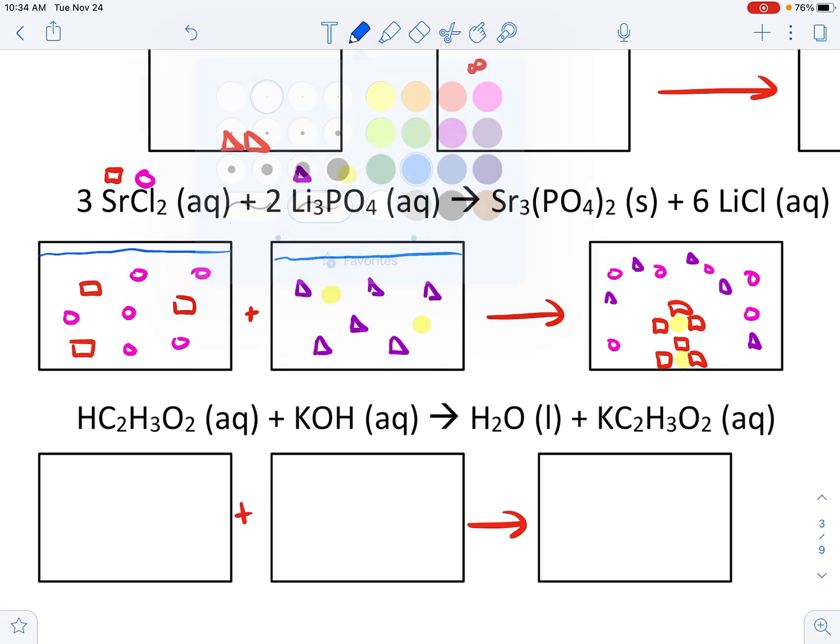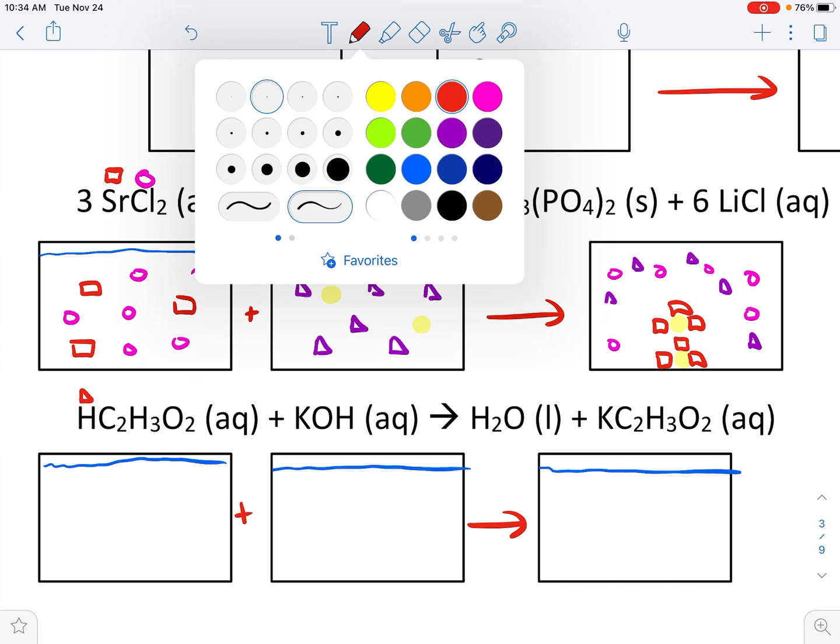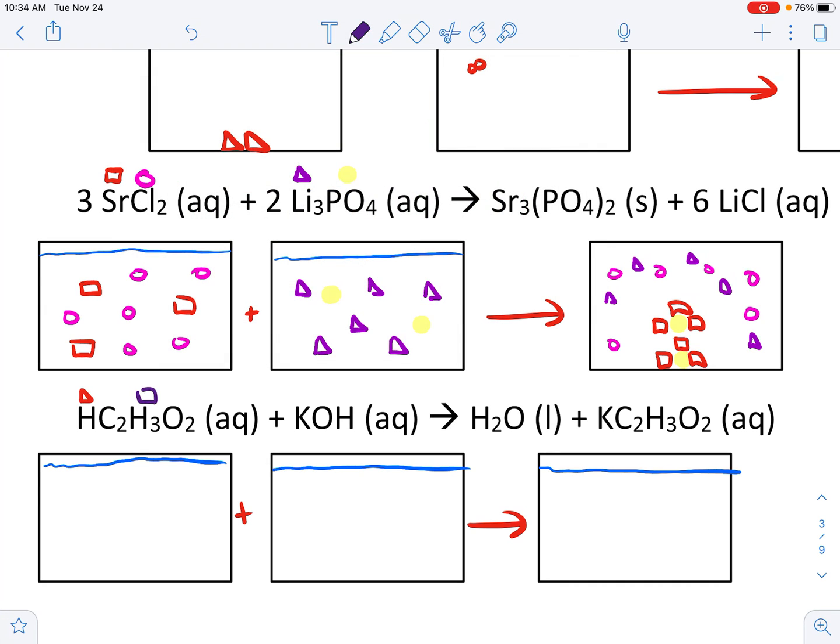We still have our solutions here, right? Now, if we look at this, our H2CO3s, or our acetic acids, HC2H3O2s, don't break apart. In fact, very few of them break apart. So we're going to show that as all together still. So let's have a triangle represent that, and we'll make a box represent acetate, but we're going to leave that still just floating in solution.